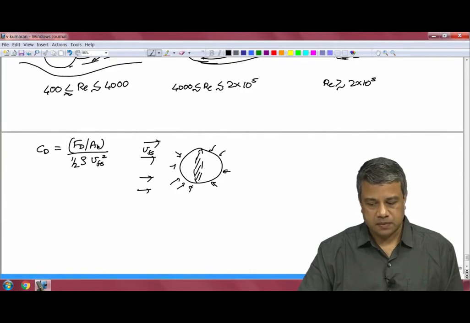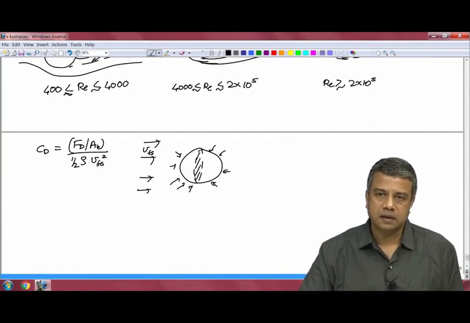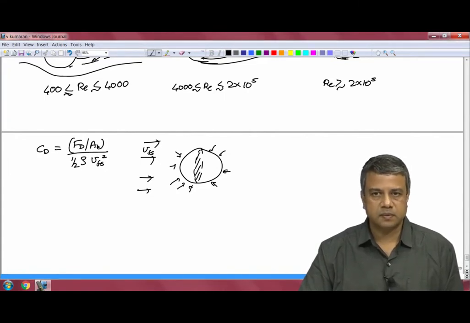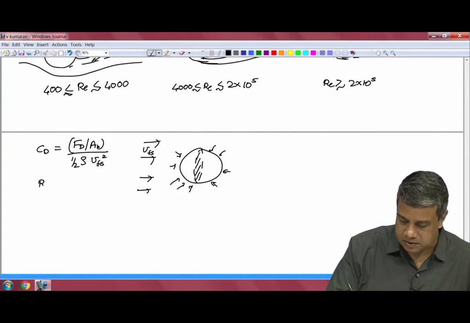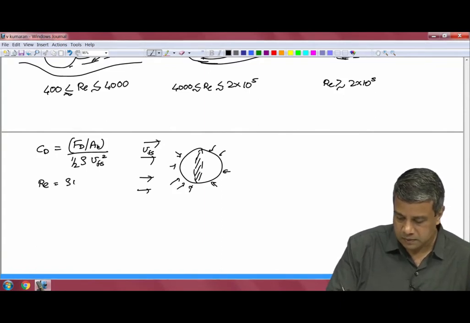At low Reynolds number, the drag force cannot depend upon the density, because low Reynolds number implies that inertial effects are much smaller than viscous effects. Recall that the Reynolds number is equal to rho V_fs d by mu.